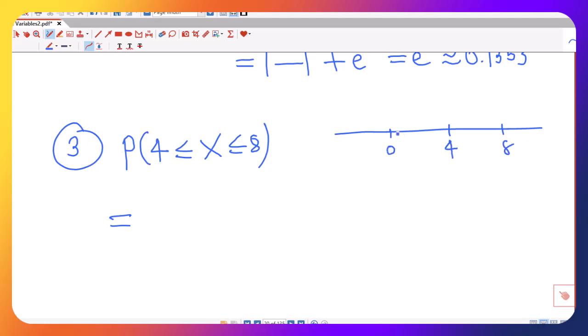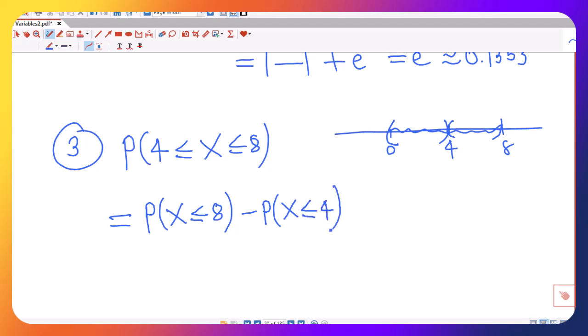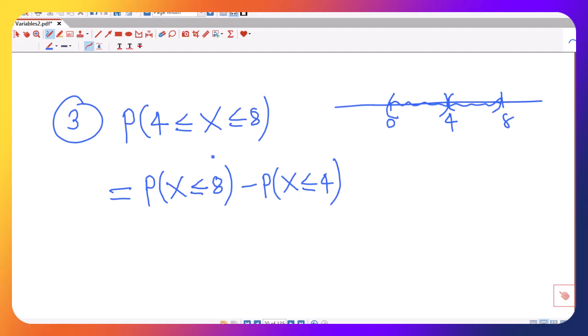So I want to calculate the probability between 4 and 8. So what I can do, I can first calculate the probability up to x equal to 8, that is the probability that X is less than or equal to 8. Now I don't require this part, so I will subtract that part from this, the probability that capital X is less than or equal to 4, and I will be able to determine this value.